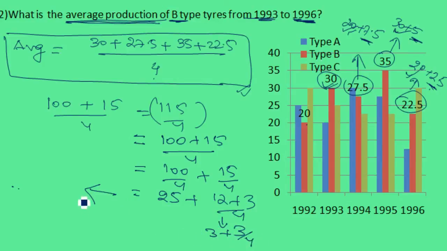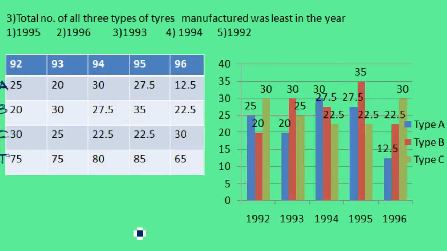So we have a total of 28 plus 3 by 4. This is a better way to calculate. Okay, let's see the next problem.